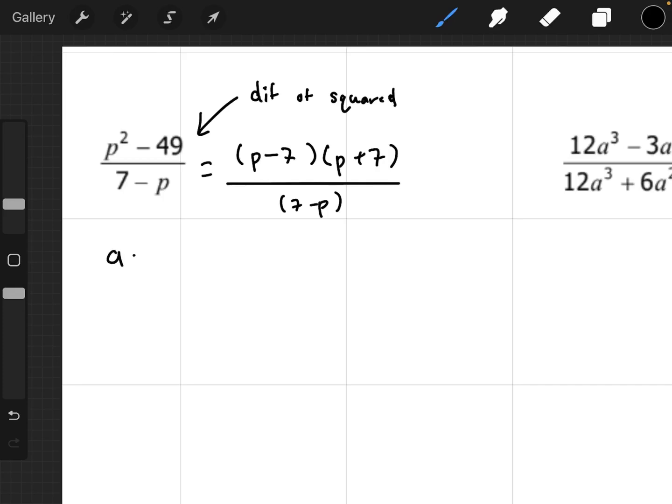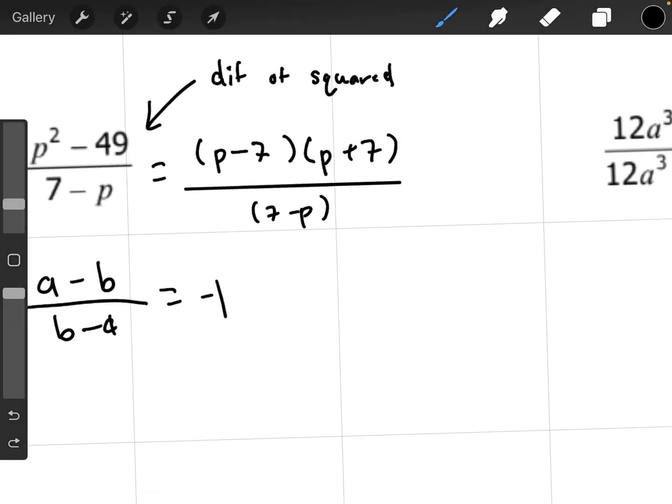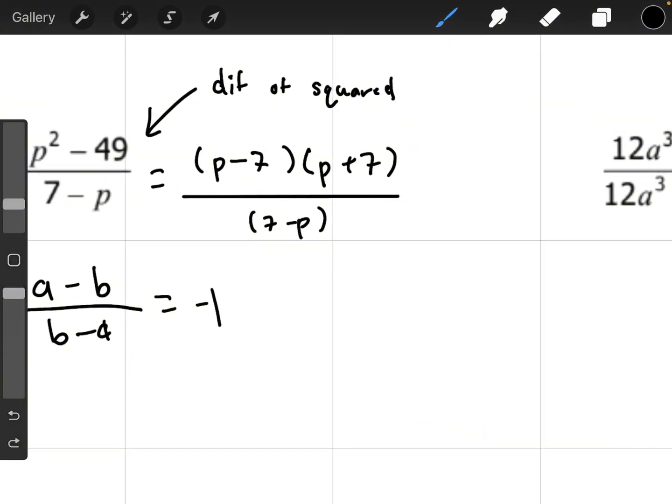Now there's a special rule for this type of situation where a minus b over b minus a equals negative 1. So when these two are the same and these two are the same, a equals negative 1.